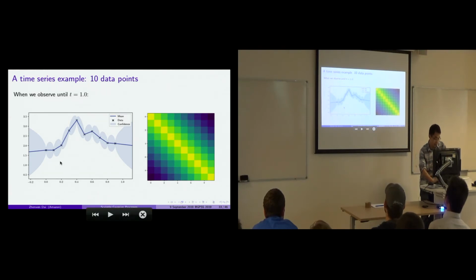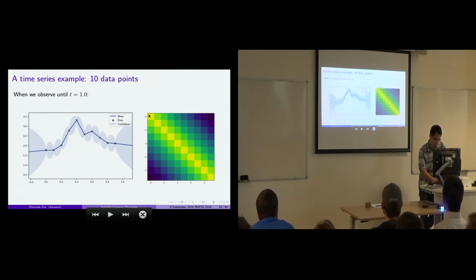Let's start sampling at zero, and if we sample 10 data points until t equals 1, we get this kind of data. If we fit a Gaussian process, this is the mean and the uncertainty of the function, and on the right-hand side is the covariance matrix.